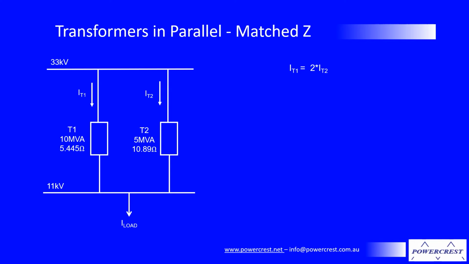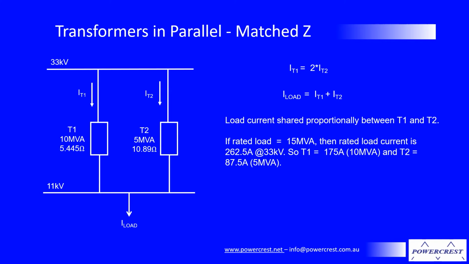Now we know that the load current, of course, is the sum of the two transformer currents. So we see that the load current is actually shared proportionally between T1 and T2. If rated load is 15 MVA, then rated load current is 262.5 amps at 33 kV, and T1 will carry 175 amps and T2 87.5.